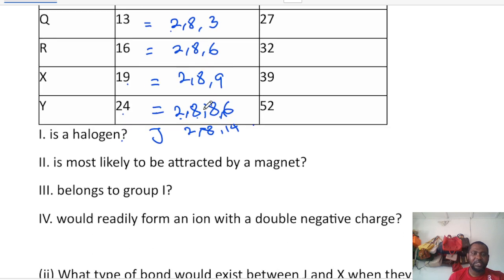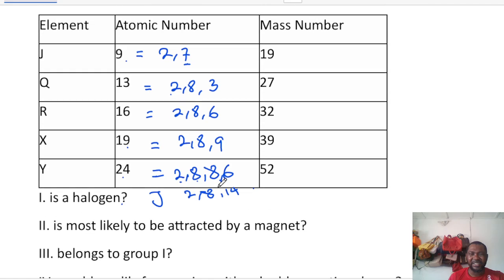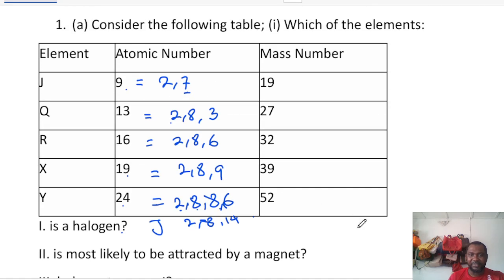Now the second question says, which one is most likely to be attracted by a magnet? Only metals are attracted by magnets, and that is very important for us to know. So the metals here are this, which is 13, that's Q. Another metal here, and then the transition metal, which is Y. You should know that metals have valence electrons of 1, 2, and 3, so metals are group 1, group 2, and group 3 elements.